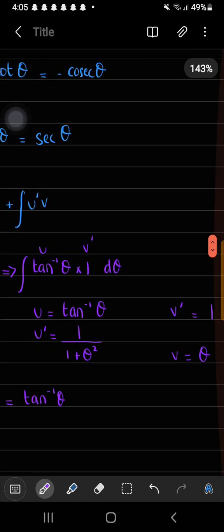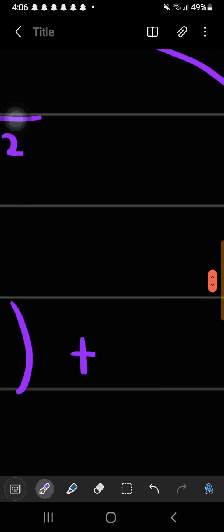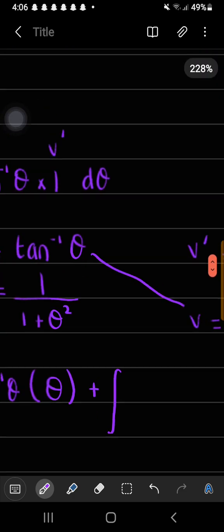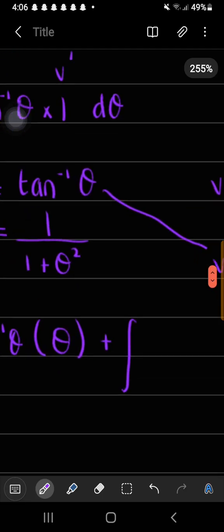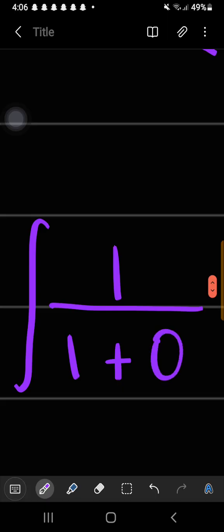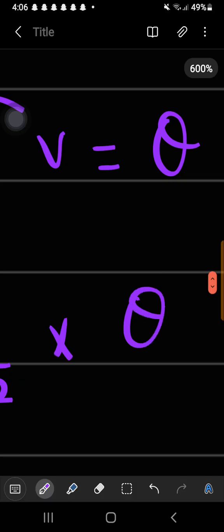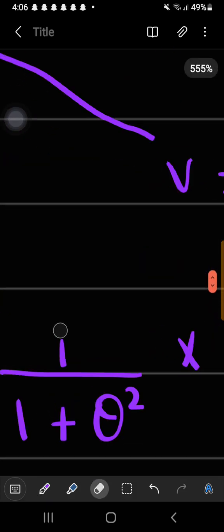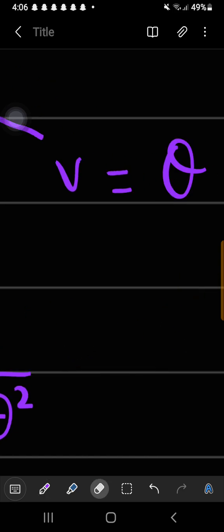U is tan inverse theta, multiplied with theta, plus integral of v, the differentiation of u, 1 upon 1 plus theta square multiplied by v, which is theta, so we can write it as theta upon 1 plus theta square d theta.